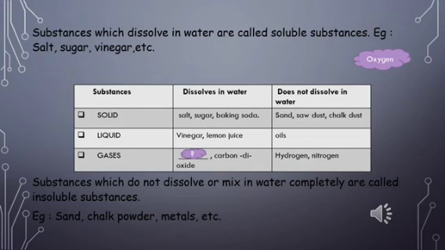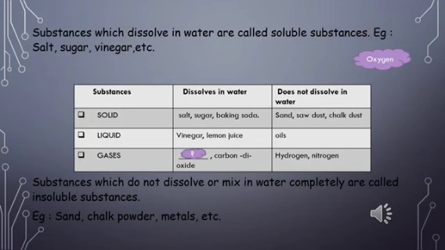Substances which do not dissolve or mix in water completely are called insoluble substances. Example: sand, chalk powder, metals, etc. So here we have learnt about soluble substances and insoluble substances. So what are soluble substances?